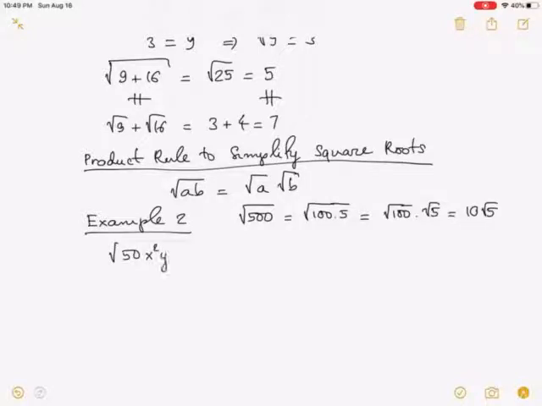Next, the square root of 50 x squared y cubed z. So 50 is 25 times 2, because 25 is a perfect square. x squared, y squared and 2yz.